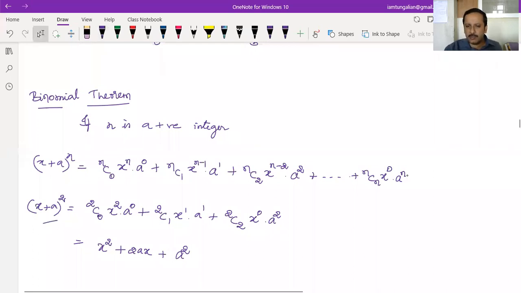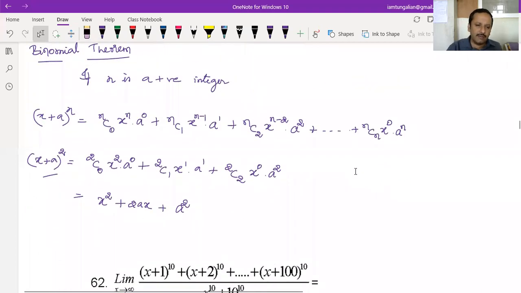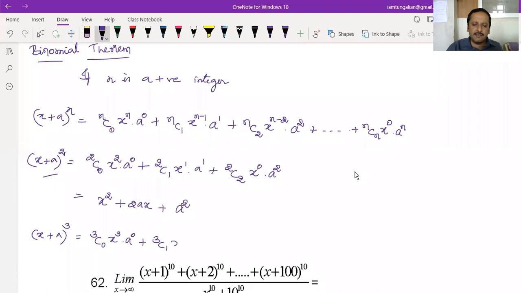So that can be explained during binomial theorem also. And if you want, I'll take one more. (x plus a) whole power 3 is equal to 3C0 x cube a power 0, plus 3C1 x power 3 minus 1, which means x square into a power 1, plus 3C2 x to the power 3 minus 2, which is 1, into a square, plus 3C3 x power 0 into a power 3.